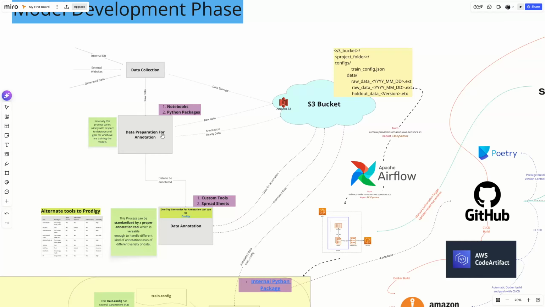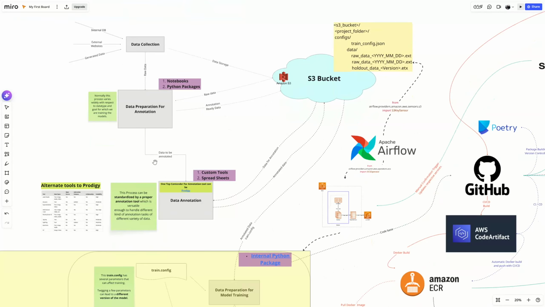So basically we can clean the data and put it inside the cloud, and then we can use a lot of annotation tools that can annotate the data and put labels on it. And once the annotation process is done, they can store the annotated raw data inside the S3 bucket.